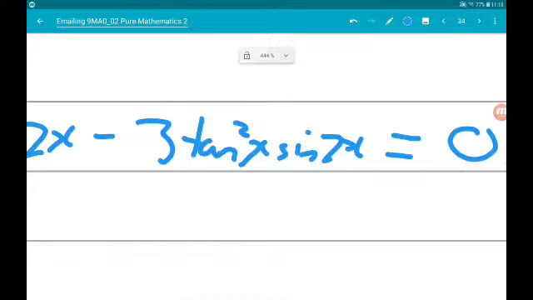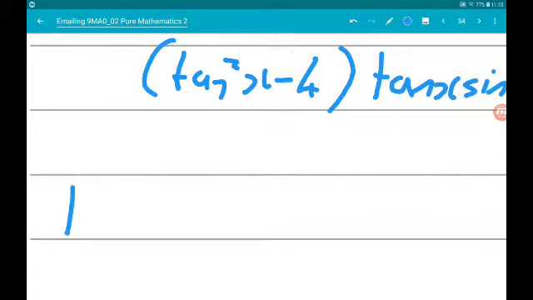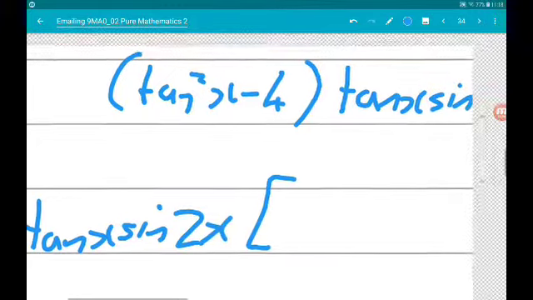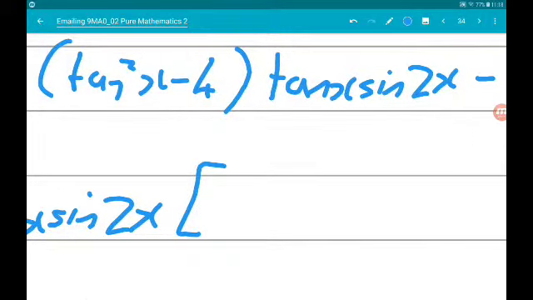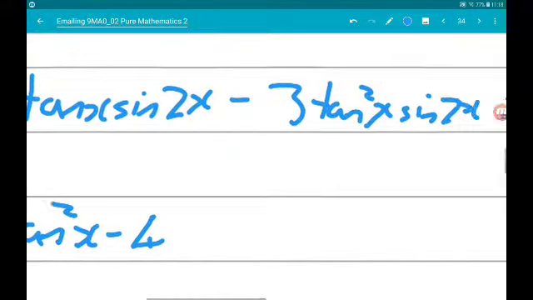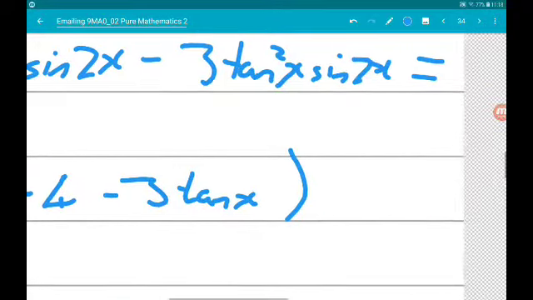So our common factor is tan x sine of 2x. So we can say that we got tan of x sine of 2x times (tan squared x minus 4 minus 3 tan x) is equal to 0.